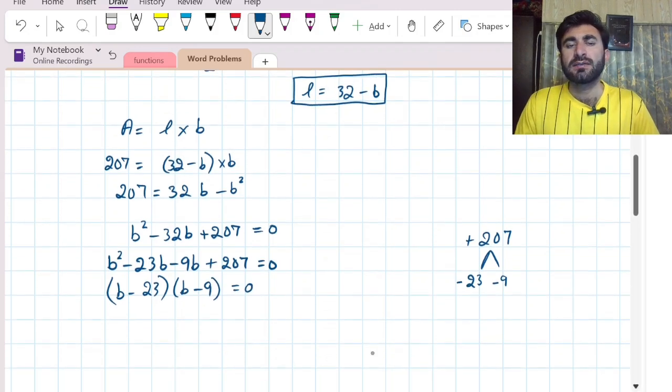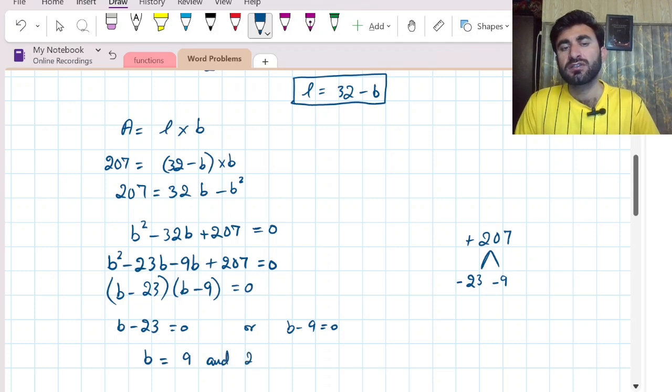So we can say either b minus 23 is 0 or b minus 9 is 0. So the two values of b are 9 and 23. Both are positive, so both values are possible.